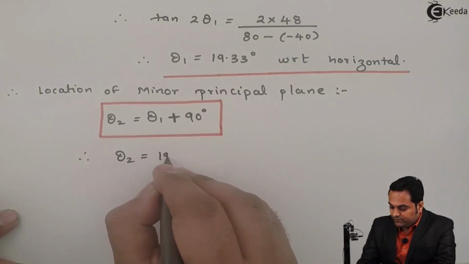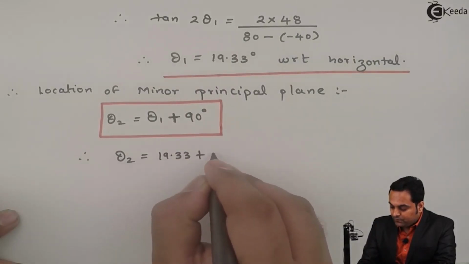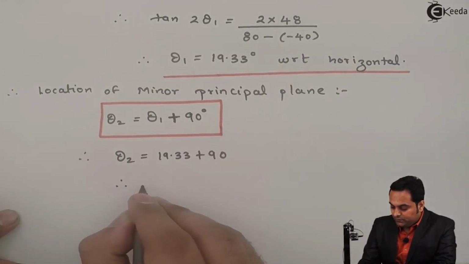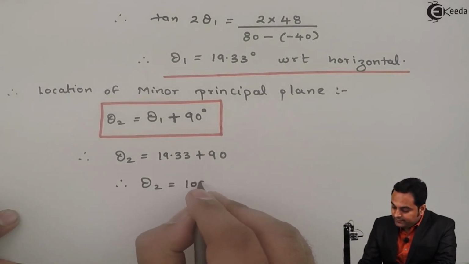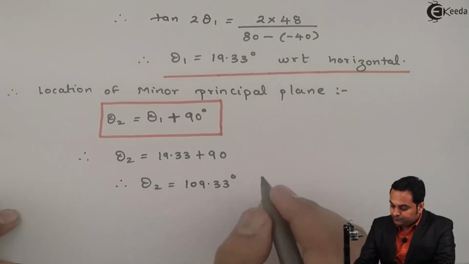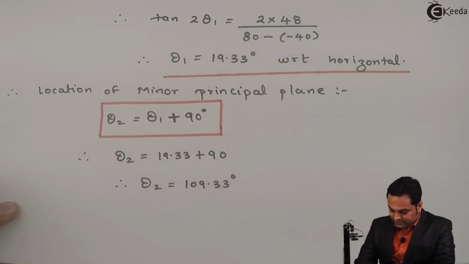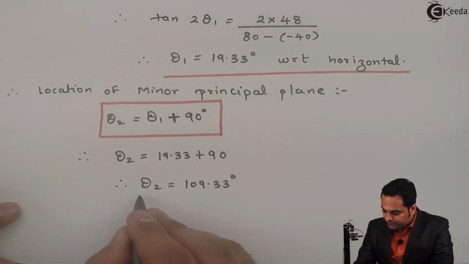Theta 1, 19.33, plus 90. So therefore theta 2 comes out to be 109.33 degree. It is again with respect to horizontal.